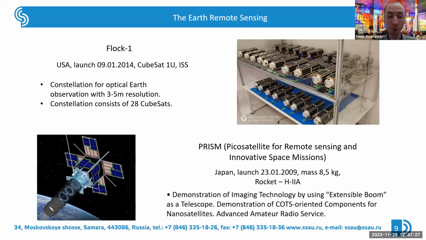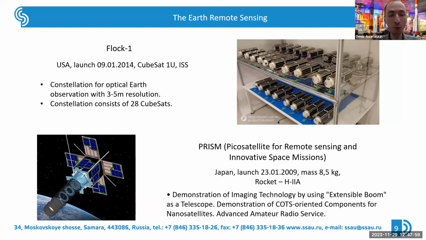So here are a couple of examples of satellites used for Earth remote sensing. The first one was a group of 28 CubeSats. CubeSat is the most popular kind of nanosatellite. A CubeSat is basically a satellite which has the shape of a cube.